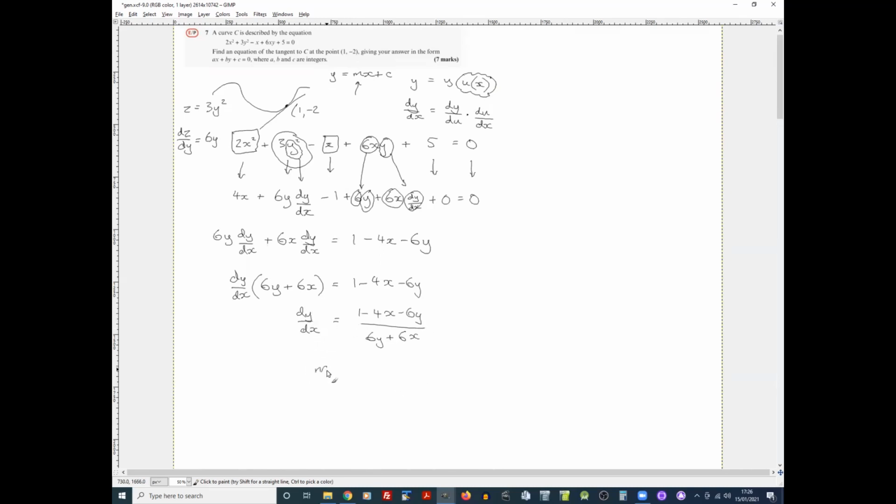We can say m, the gradient of our tangent at that particular point, is going to equal 1 minus 4x minus 6y, where x and y are equal to 1 and minus 2. So 1 minus 4 is minus 3, plus 12 is 9.